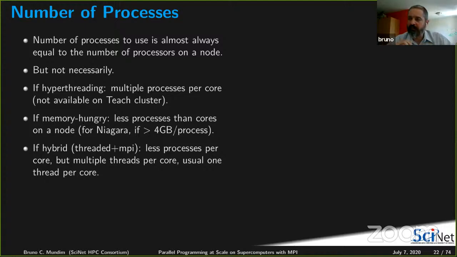Hyper-threading is not available on every cluster, but it is available on Niagara, which most of you have access to as well. Suppose that you have an application that is memory hungry, that is going to use more than 4 gigabytes per process. You're going to leave some cores idle because you're going to need more memory per core than is available.